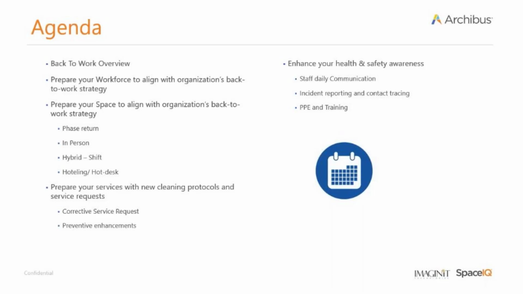Archibus can absolutely help do that. And there are a lot of health and safety activities that will help your safety officers or the organization in general to communicate better with the employees that work there, and also provide them with the necessary safety equipment to protect themselves and protect others that are in the vicinity.